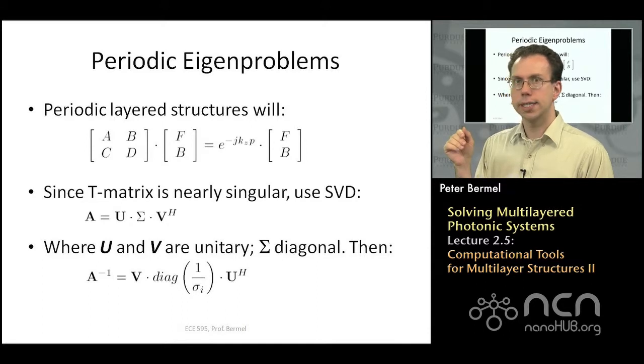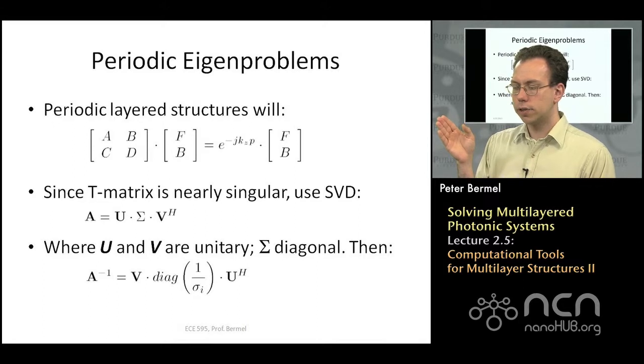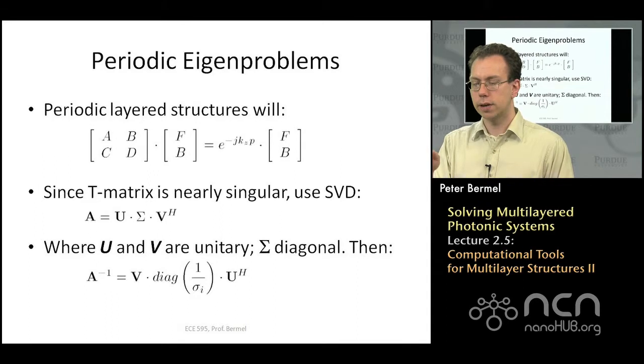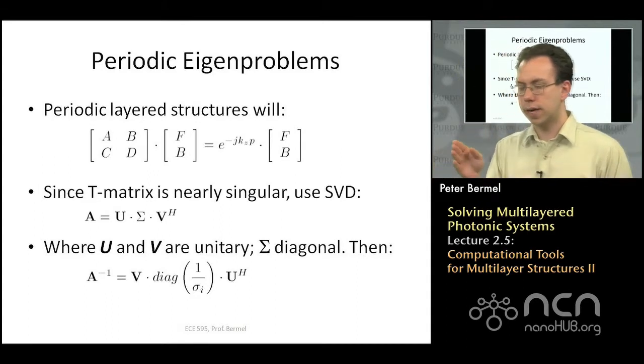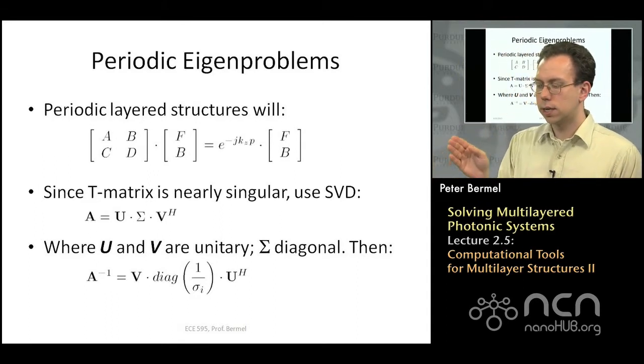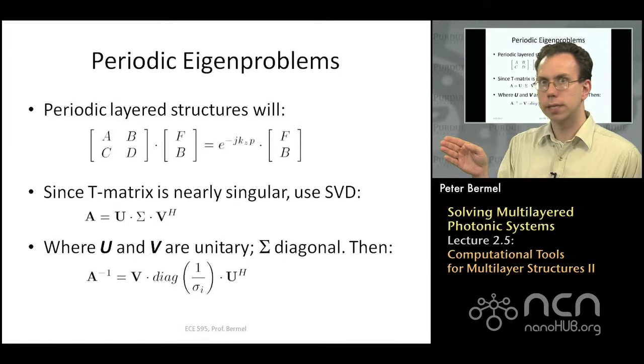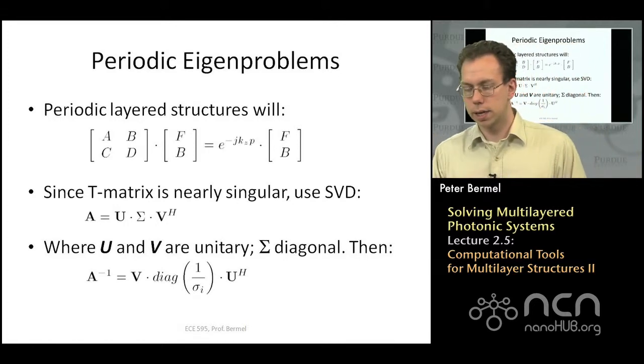The other nice thing is that when you try to invert the A matrix, it's much easier once you have a singular value decomposition, because V transpose can be easily inverted to give us V, which moves to the front. Then we get V times the diagonal of 1 over all the eigenvalues from sigma, times the inverse of U, which we can write as UH.